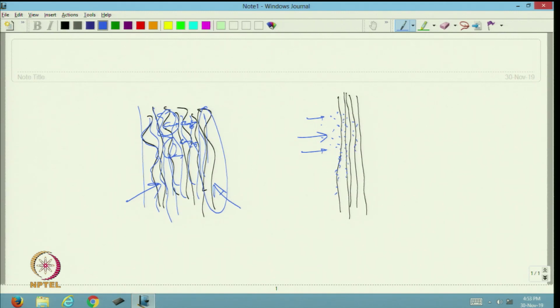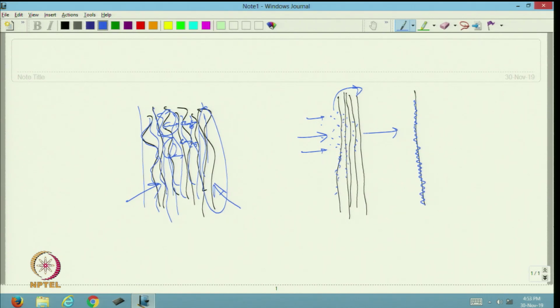Once it is coated and if we apply a little bit of heat and melt, the individual filaments will be totally coated with the matrix material.